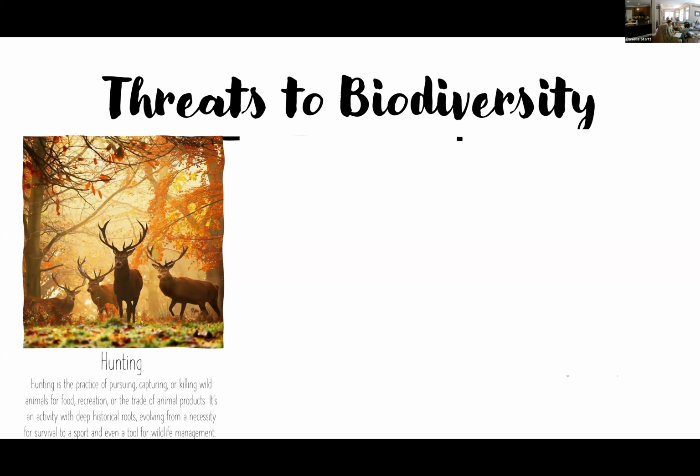Same problem's happening here. When you do too much construction in an area, say you have a square mile that's supposed to support 200 deer, but now half of it is paved or has houses or buildings on it. Now you've still got 200 deer, but only food for 100 of them. That's a problem.